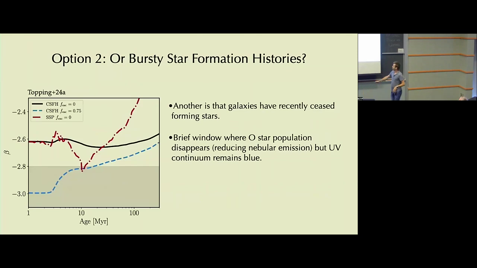You'll note here in this red dashed line the UV slope of a simple stellar population, a burst of star formation, and indeed it's minus 2.6, that intrinsic value. But after about 7 million years, it starts to get bluer, and it gets to about minus 2.8, once more and more of those O stars start to disappear. So it might be that this is indicative of these bursty star formation histories, and we're observing them just as they're exiting or entering this off mode of star formation.